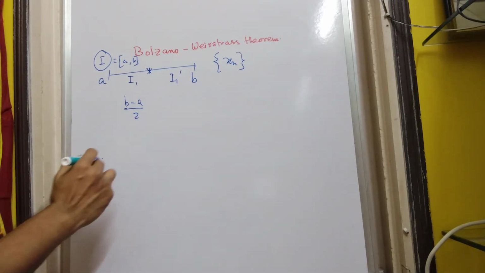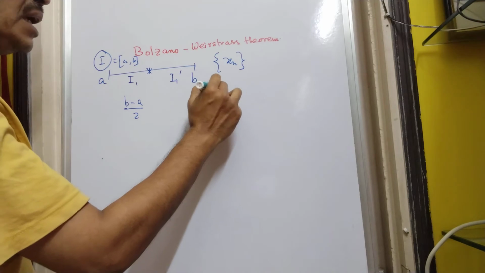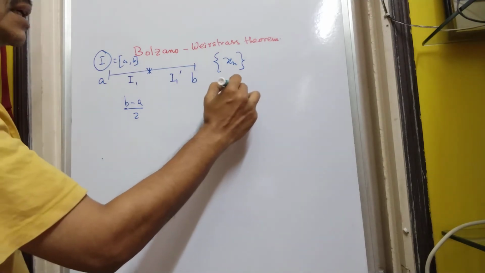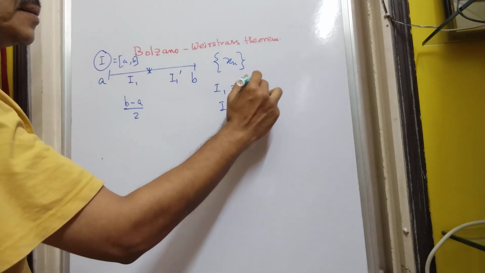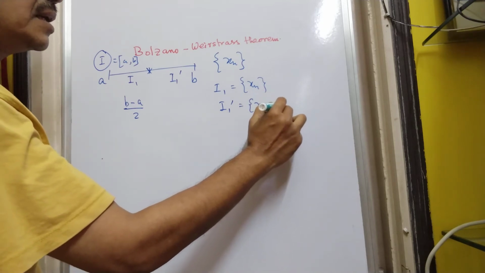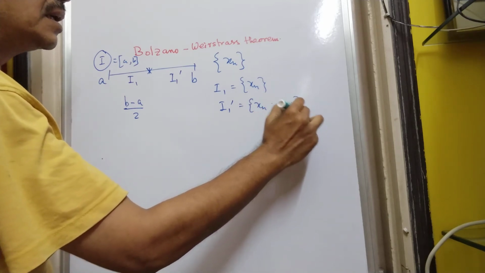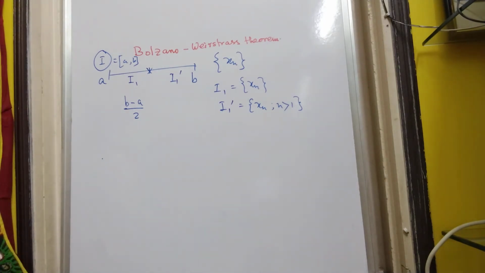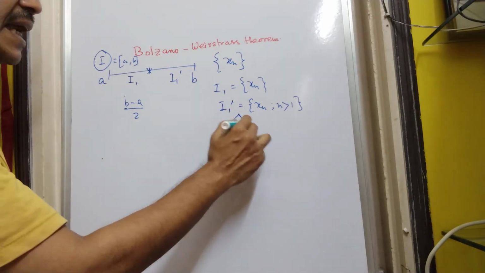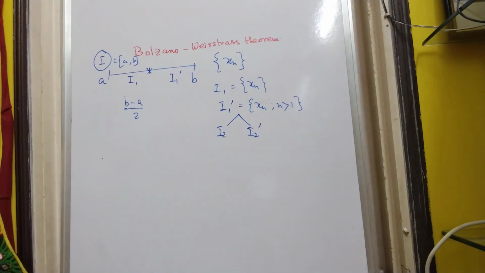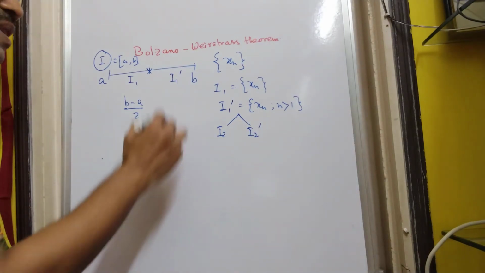Now, as per assumption, either I1 or I1 prime contains infinite number of xn. We take that particular part which contains infinite number of this sequence and then divide it again equally into two parts, I2 and I2 prime.